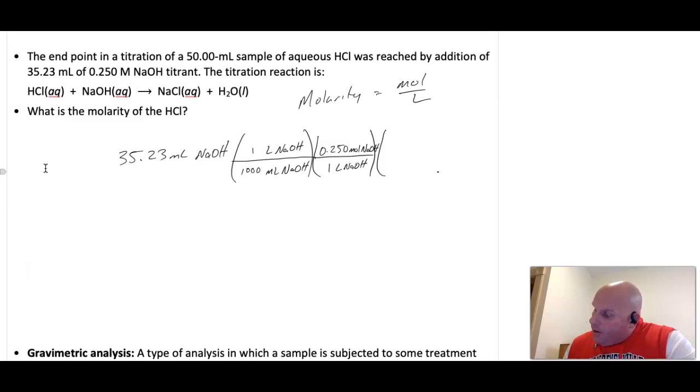Here is our, because I have a balanced equation, here is our mole conversion, which allows me to convert from moles of NaOH to moles of HCl using the coefficients in the balanced equation. You can see that's a 1-to-1 ratio. And so my answer here, after doing this work, I will have successfully converted to moles of HCl, and we get 8.81 times 10 to the negative 3 mole of HCl.